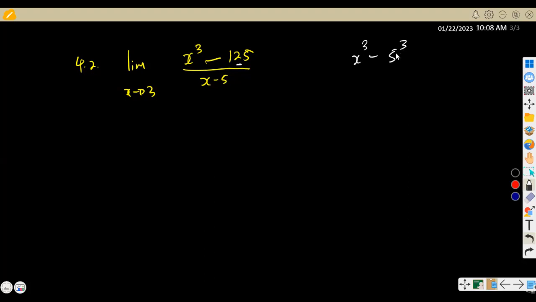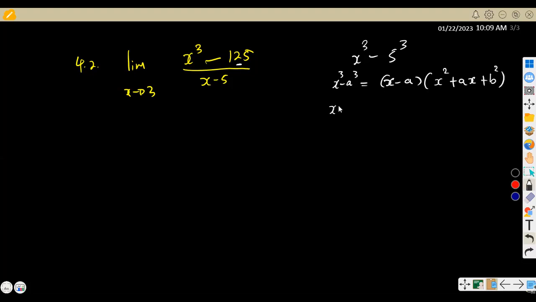So how can we factorize this? From our factorization, if you are given x to the exponent of 3 minus a to the exponent of 3, the answer is going to be x minus a into x squared plus ax plus a squared. Take note of this.